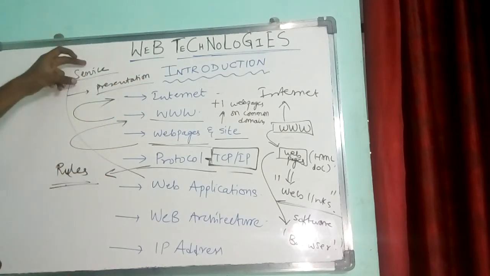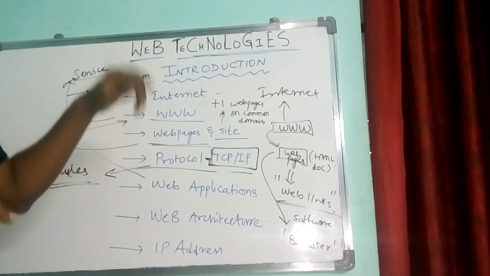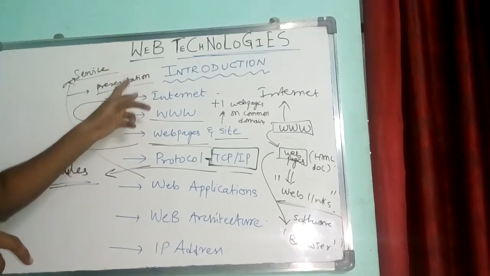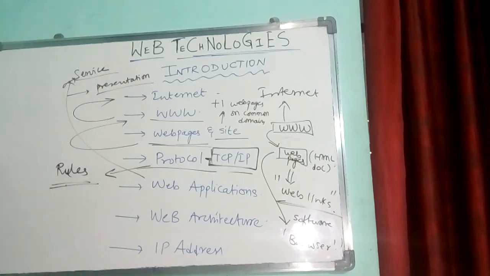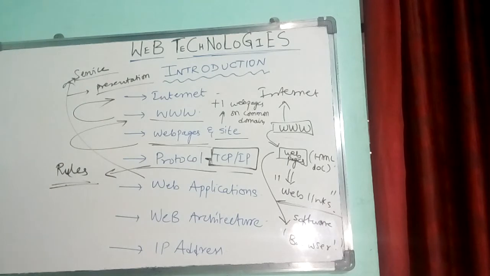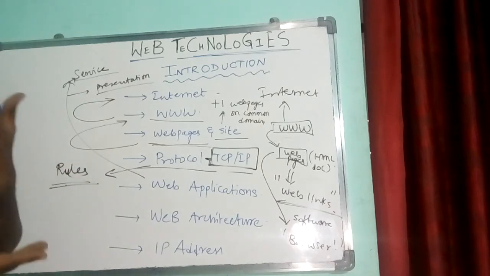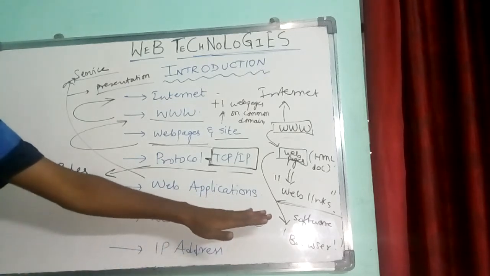These are mostly programmed using CGI, ASP and JSP, whereas the presentation oriented ones use the clients of the service to access. These are mostly programmed using HTML, JavaScript and XML. So this is the thing related to web applications.